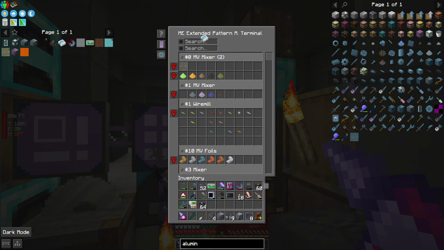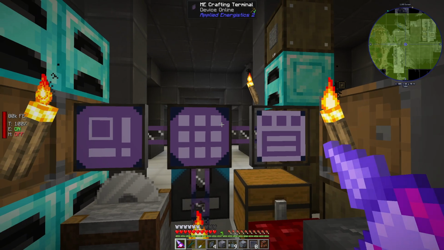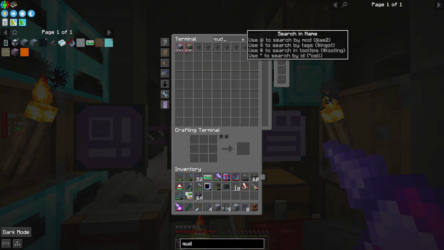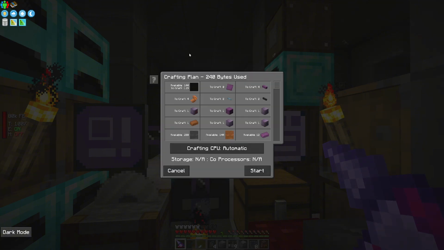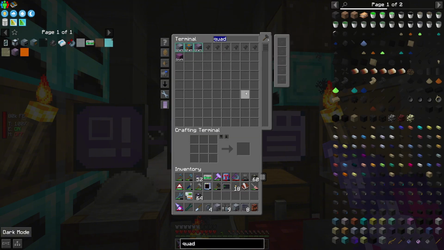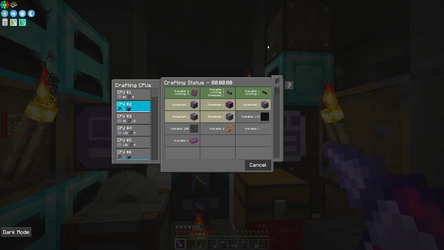Oh, hello. There we go. Quadruple. Nope, not that. Quadruple input hatch. There we go. So that should be pretty quick.